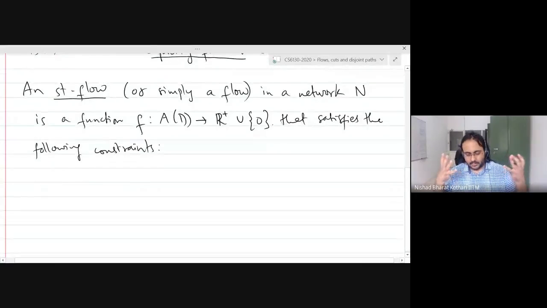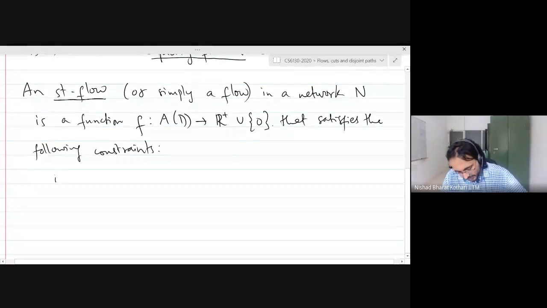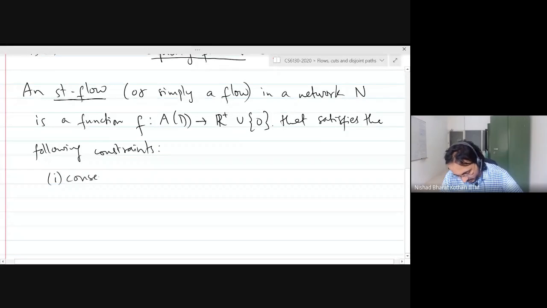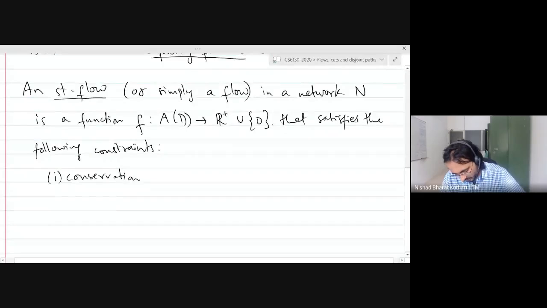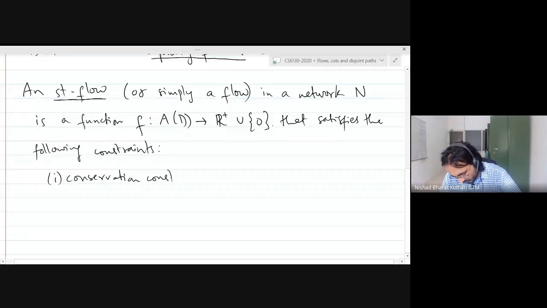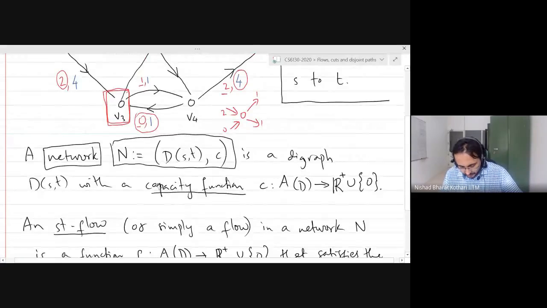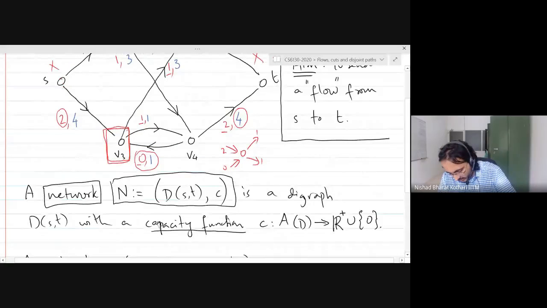So constraints are basically conditions. The first type of constraint is called a conservation constraint. So what does conservation mean? If you look at any vertex, oh, by the way, I need one notation.